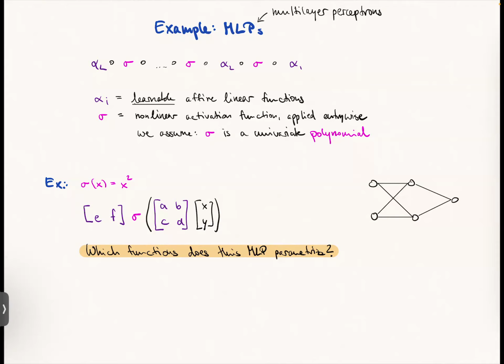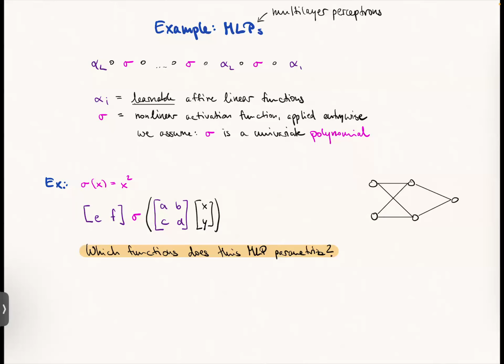So there's a baby example in the second half of the slides, where I have a two-layer network, and the layers are very tiny, as you can see, and I just have a squared activation function in the middle.